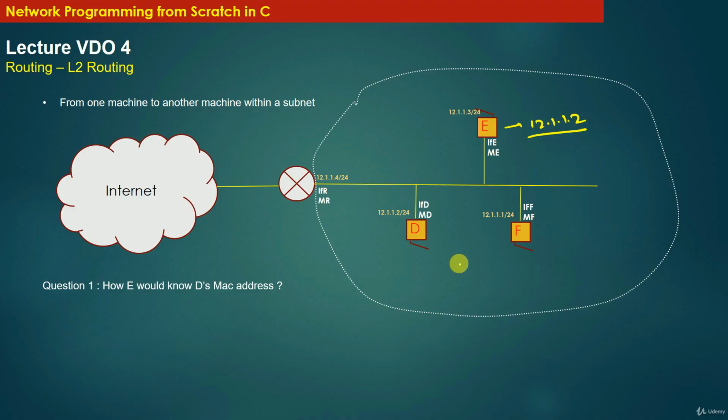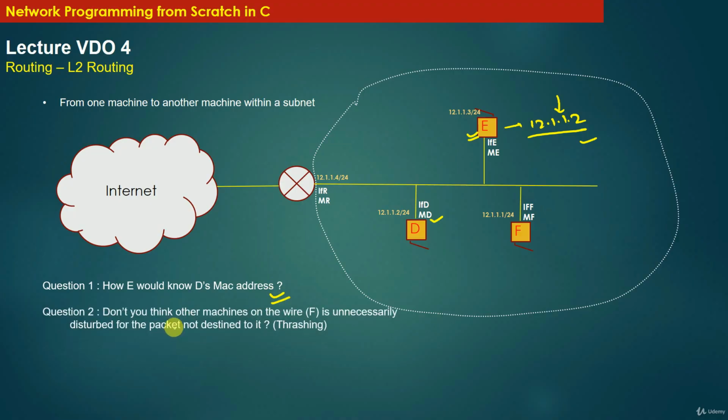We always identify the destination machine using the destination machine's IP address and not MAC address. So using this destination IP address, machine E needs to know the corresponding MAC address of machine D. That is, machine E should know MD in order to deliver the packet to the destination machine D. So how would E know D's MAC address?